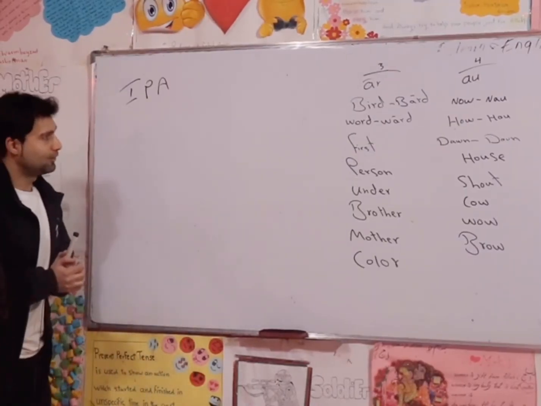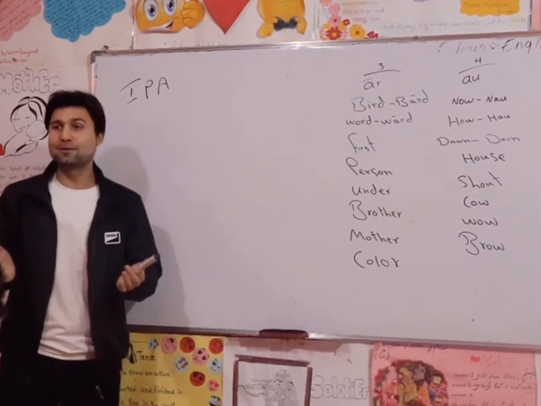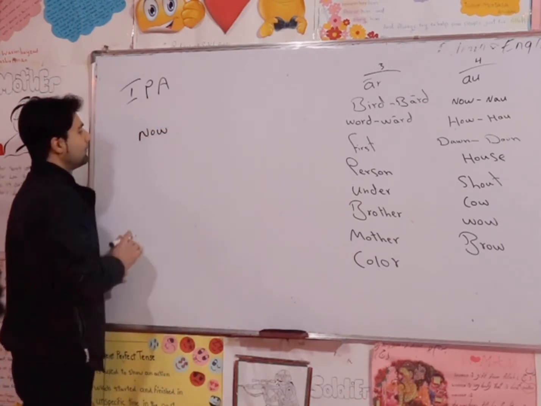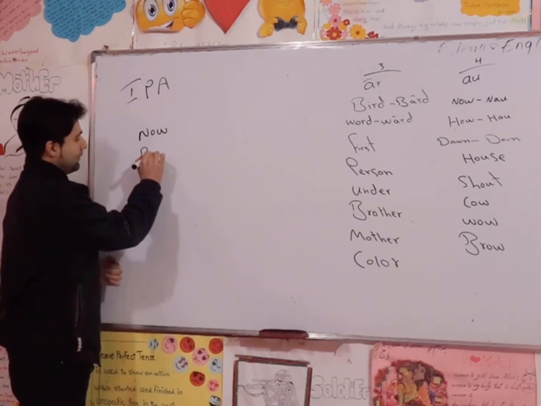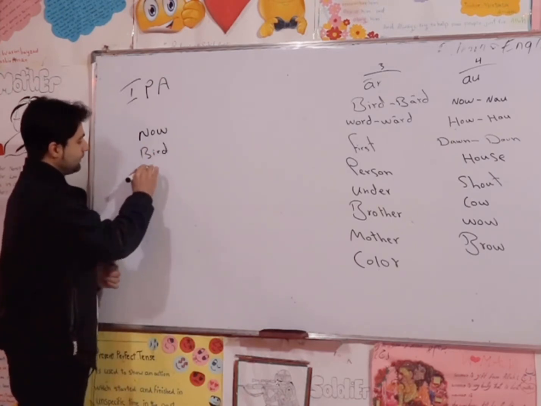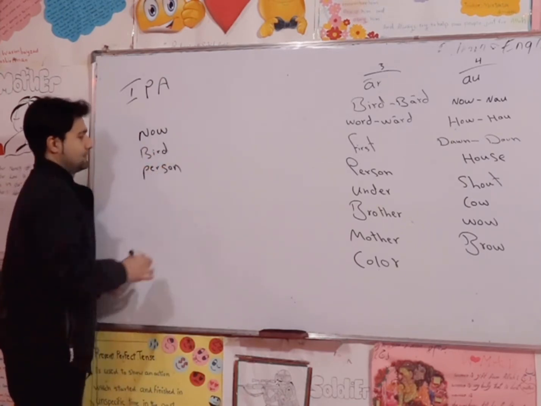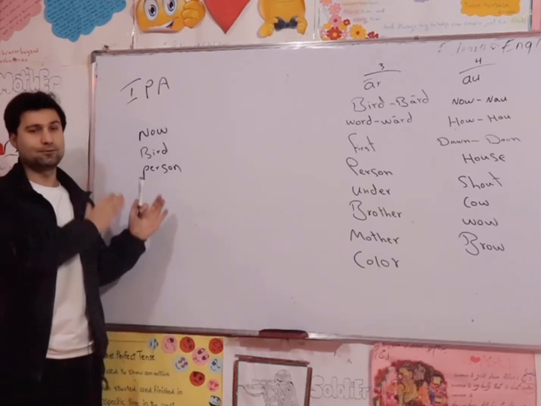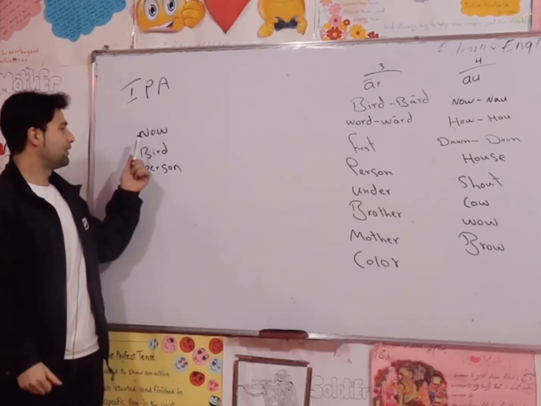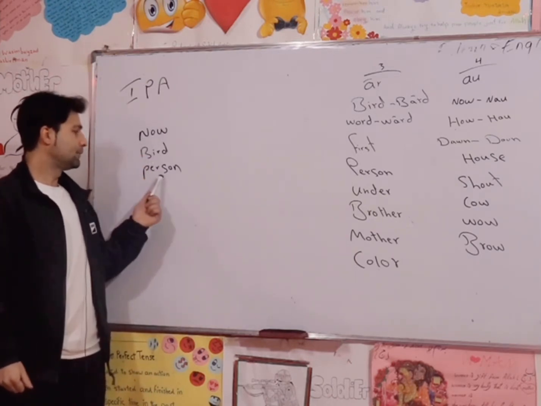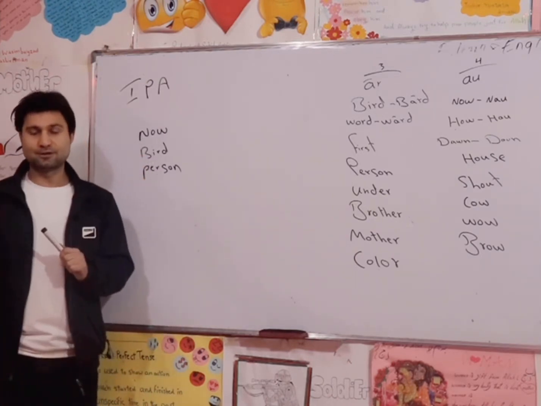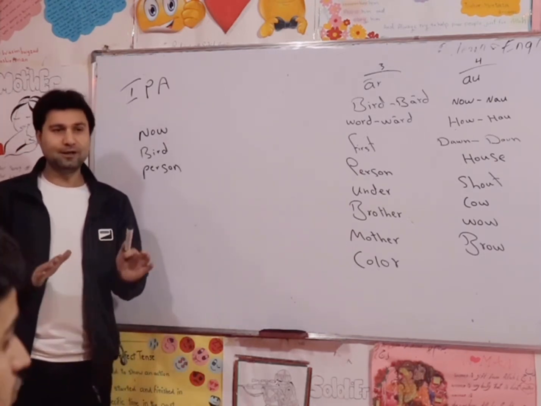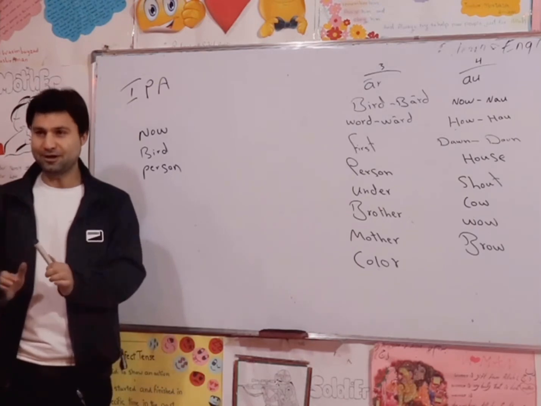So pretend you do not know some words in English. For example, we have the words now, bird, and person. Pretend we do not know the meaning of these words. The first thing we need to do is go to the dictionary.